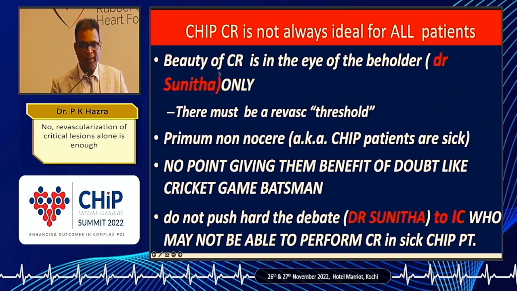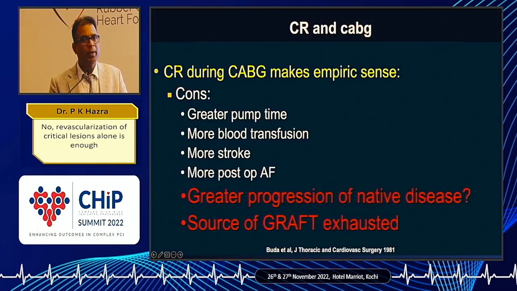No point giving them the benefit of the doubt like cricket batsmen, as Dr. Bijay Trian was mentioning yesterday. Do not push the debate hard, Dr. Sunita, on intervention cardiologists who may not be able to perform complete revascularization in sick CHIP patients. Where is the data on CABG?